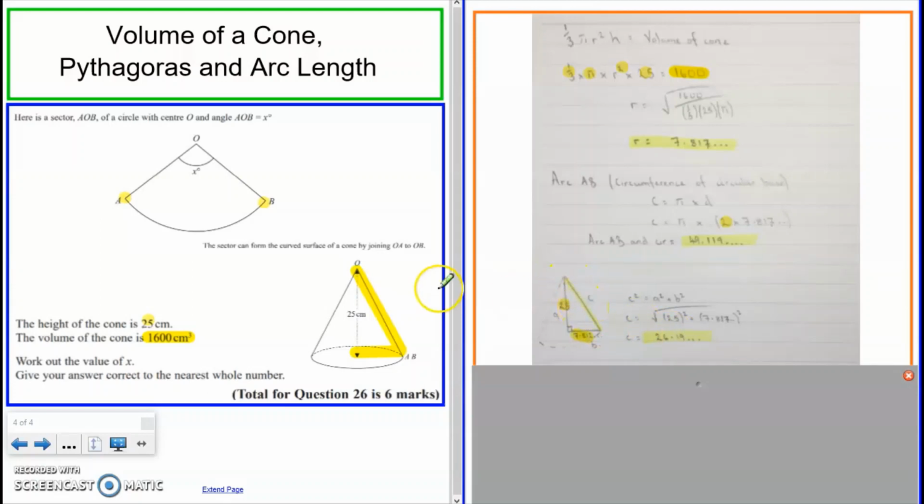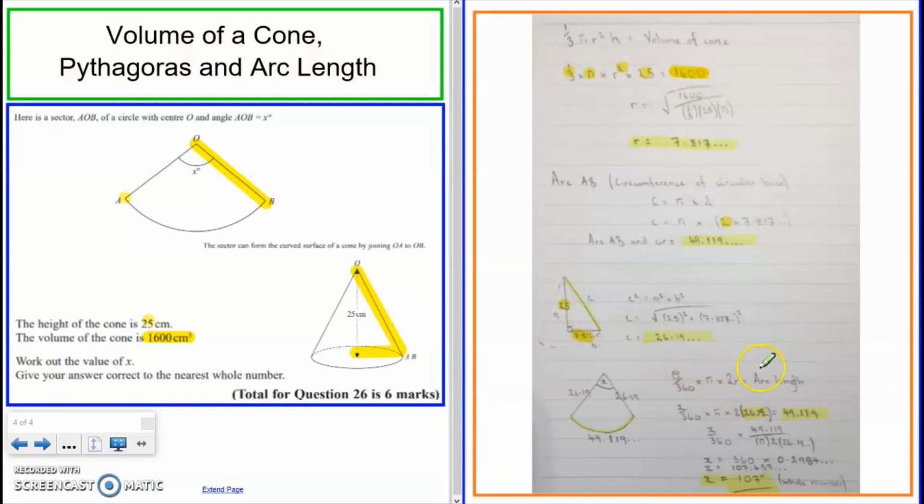This slant length that we're calculating here is also this line here, so it is the radius of this sector. So now I have a lot of information. I can now go ahead and work out the value of x.